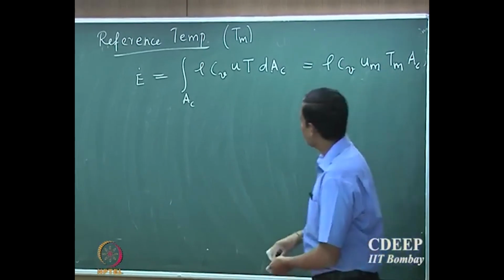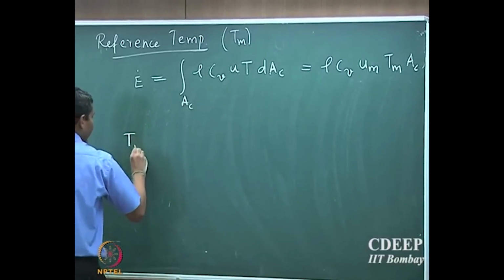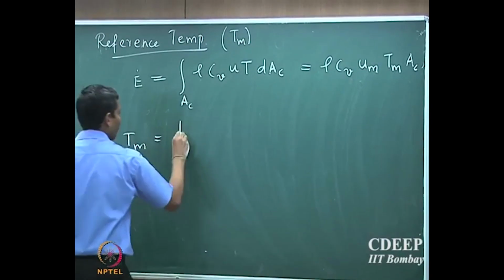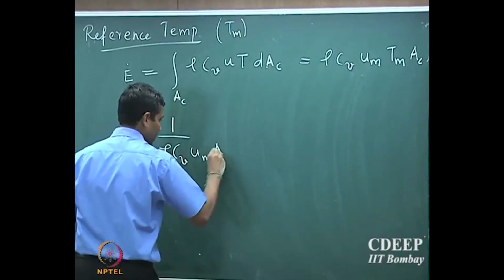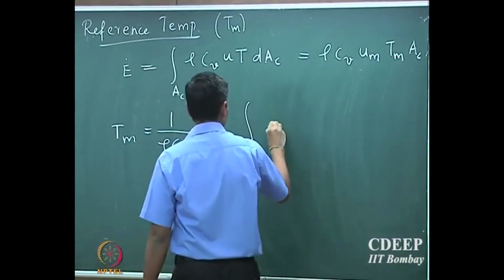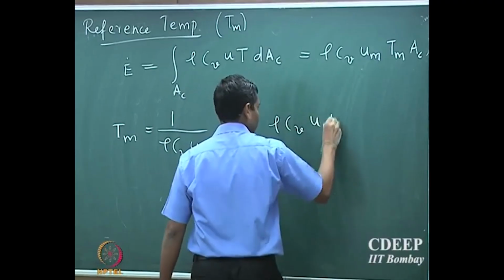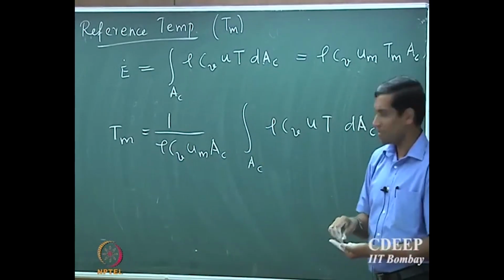area. Okay. So now from here we find Tm is 1 by rho Cv um Ac integral over the cross section T into dAc. Okay.